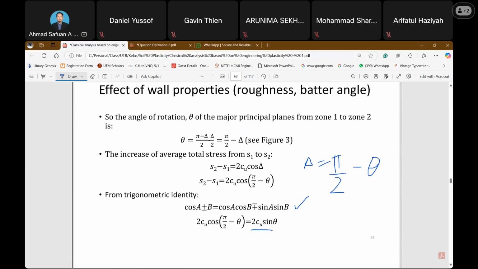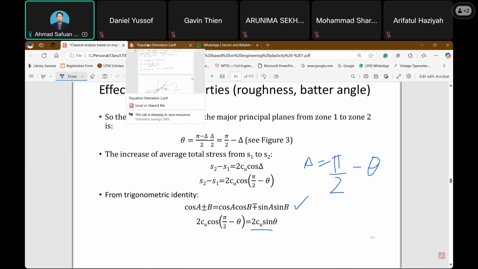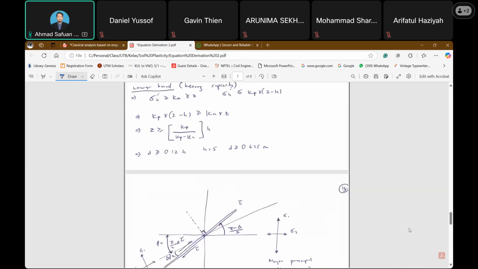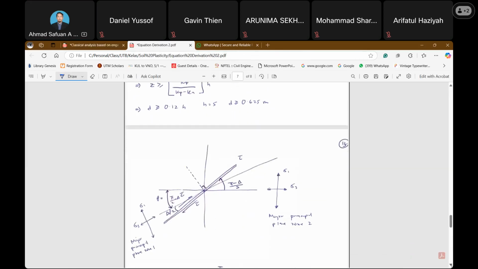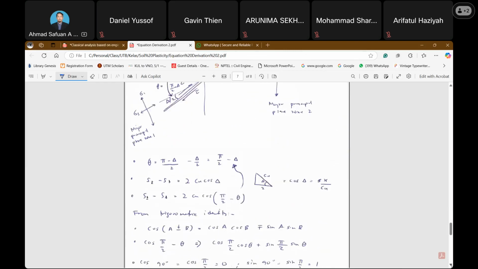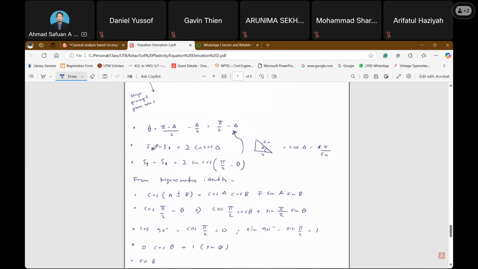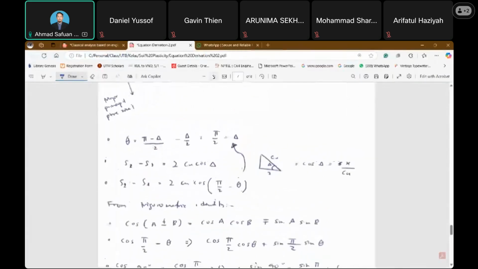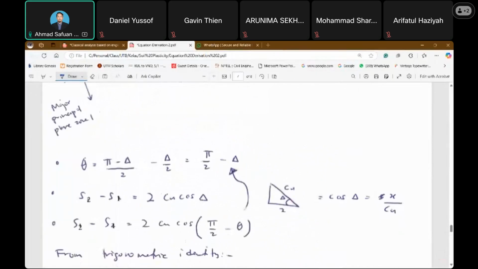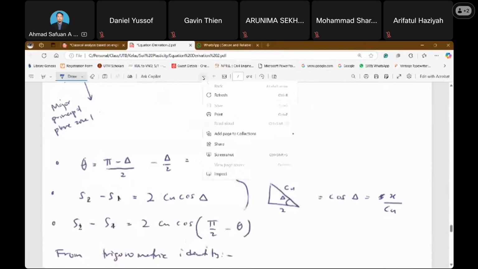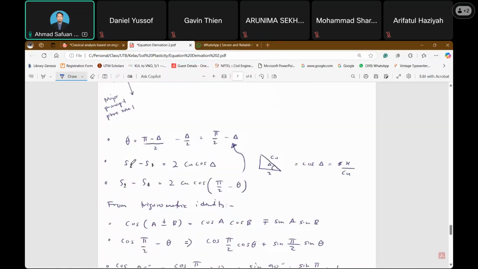Okay, let's see the equation derivation. Be careful that I have changed the notation. You need to refer and read the letters carefully, because this is S2, not S1.